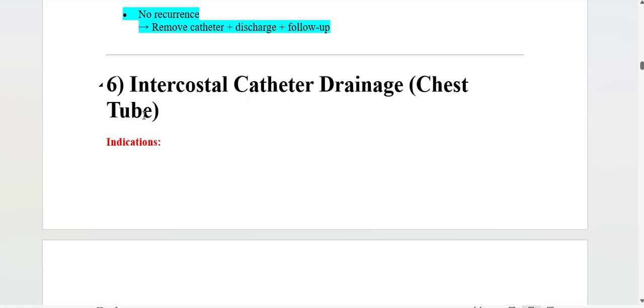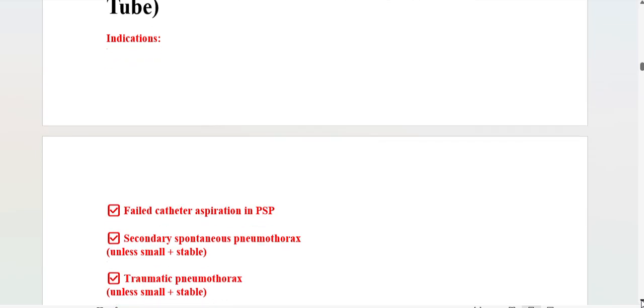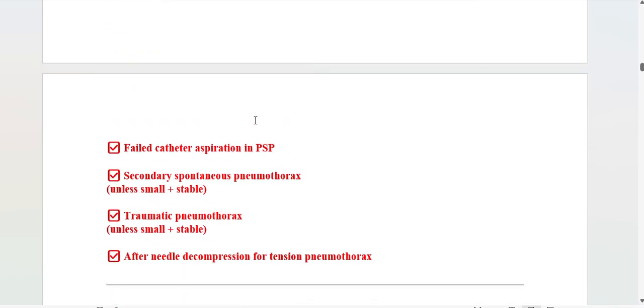Intercostal catheter drainage is a chest tube. What is the indication for a chest tube? Very important. Failed catheter aspiration in primary spontaneous pneumothorax. If the patient comes to you and you did early intervention like needle decompression, but the patient is still not stable, then you have to do chest tube drainage. Secondary spontaneous pneumothorax, unless small and stable, we do chest tube drainage.